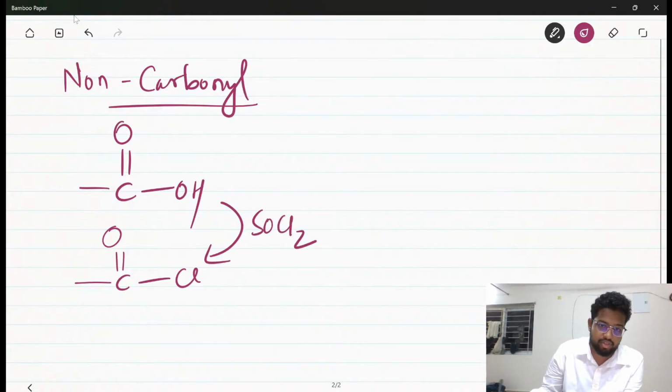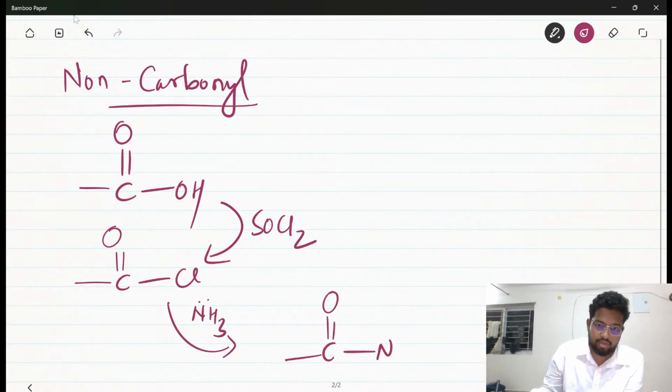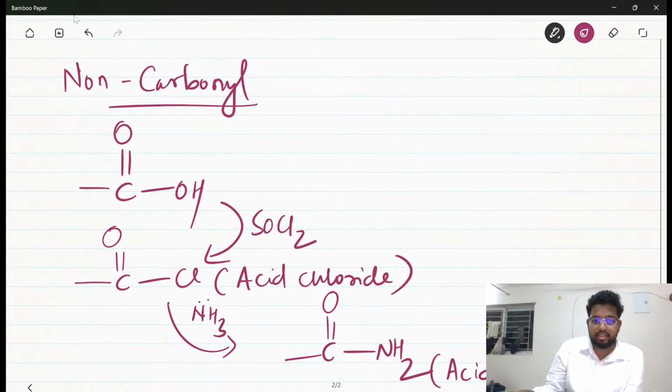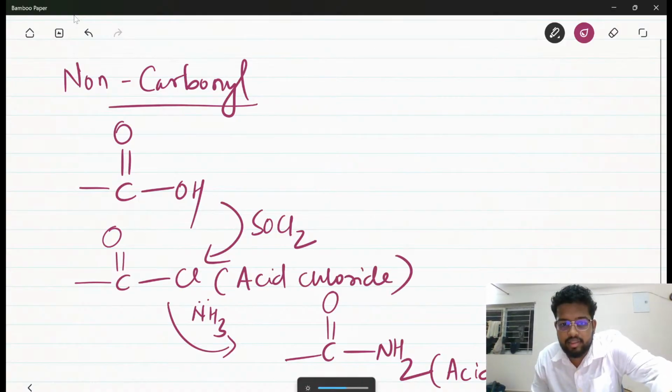You use SOCl2, an important reagent. Then same acid chloride, if you treat with ammonia, what will happen? You get C double bond O NH2. It is acid amide.